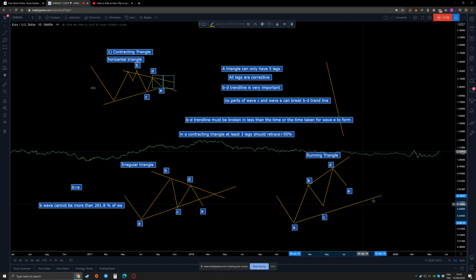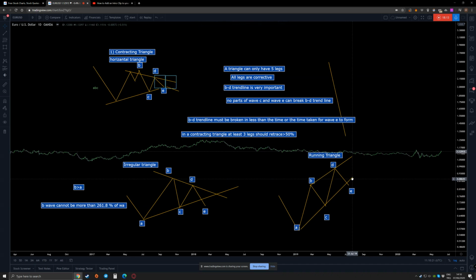So they're still not contracting. So what I will do is I will make this a little bit bigger, like this. Now, E wave, something like this. Now look, this maybe doesn't look so much like a triangle, but it is called a running triangle.